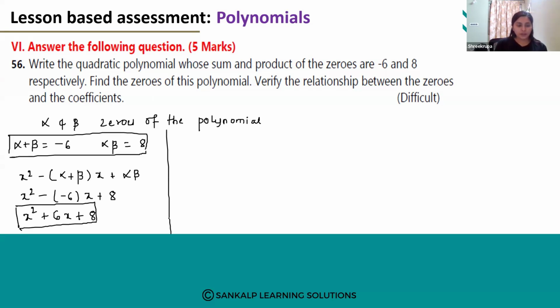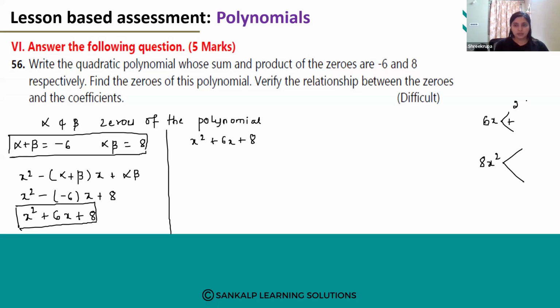Now we have to find the zeros of this polynomial. For that we need to split the middle term. So we have to select two numbers such that their sum is equal to 6x and their product is equal to 8x square.